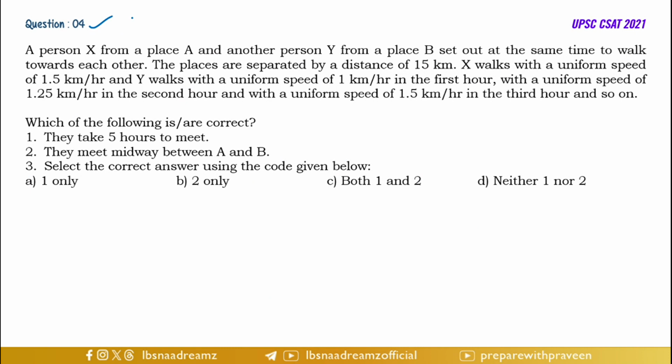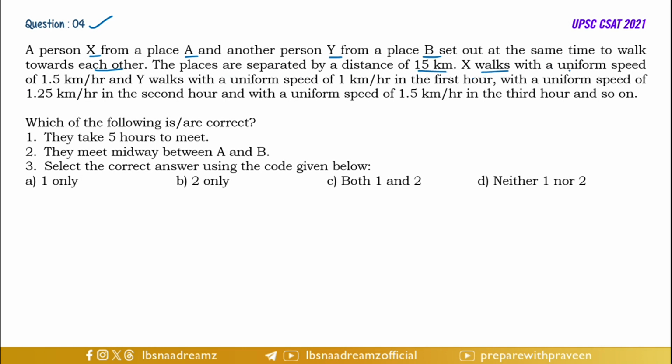Question number 4. A person X from a place A and another person Y from place B set out at the same time to walk towards each other. The places are separated by a distance of 15 km.